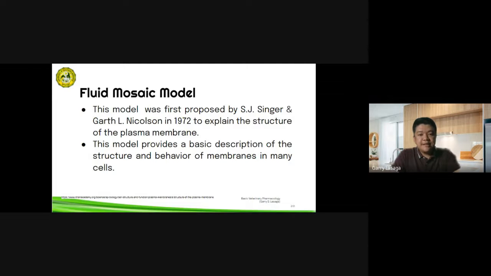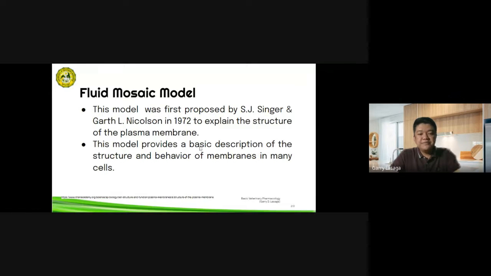The first attempt to describe the anatomy of the biological membranes was proposed by Singer and Nicolson in the year 1972. This particular model is known as the fluid mosaic model.